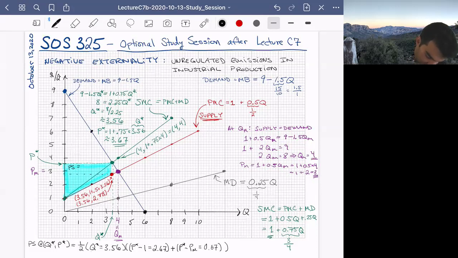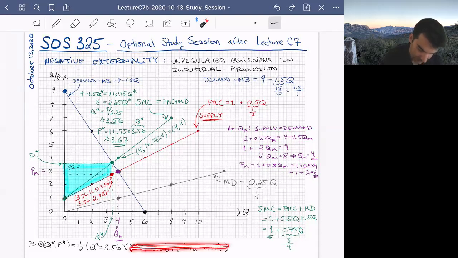All right, so I've got 3.56 here, and then I've got to have this sum, which is the sum of 2.67 and 0.67. If I add those together, I get 3.34, which represents this whole quantity. Then I multiply that 3.34 by 3.56, and then by 1/2.